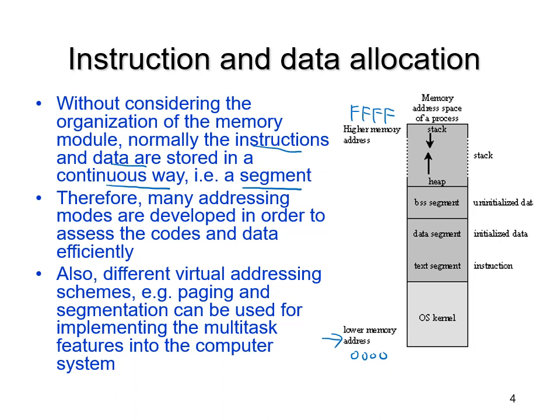For example, the stack segment. It is a memory mainly used to store the address. Remember last time we told you that when you have a subroutine call, the returning address will be stored inside the stack memory.